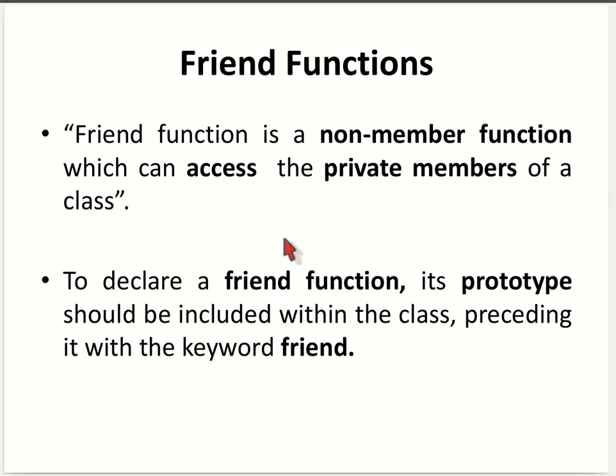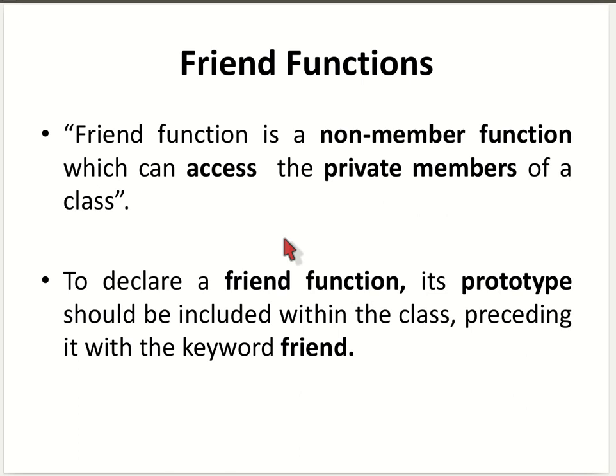Let's take one example from our real life. If we have a best friend, we will share our secrets with that friend. Just like that, here we have the non-member function. It's not a member function.